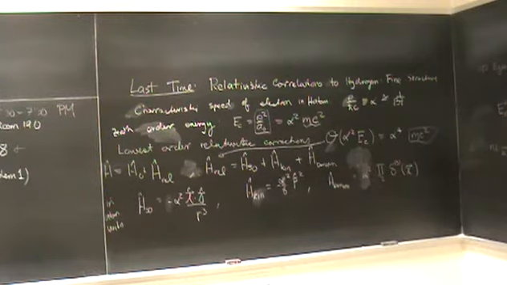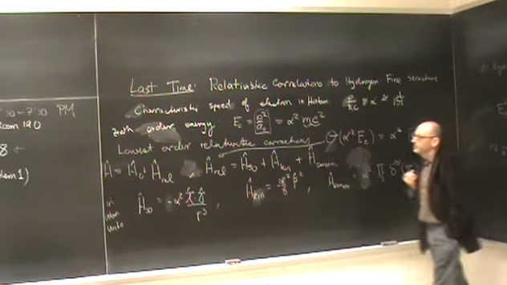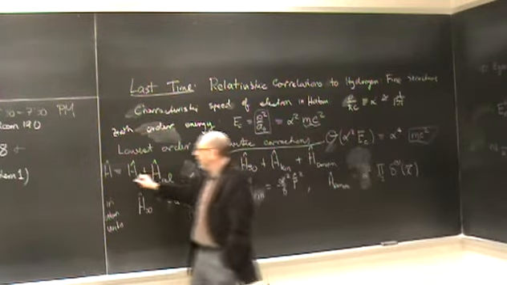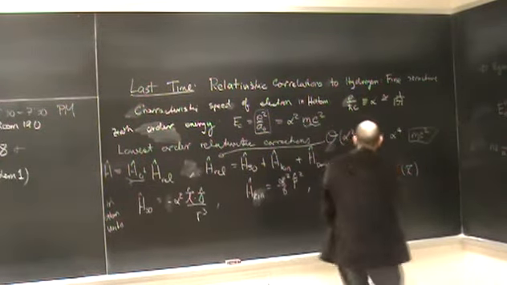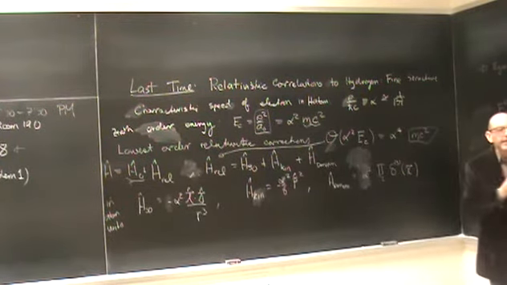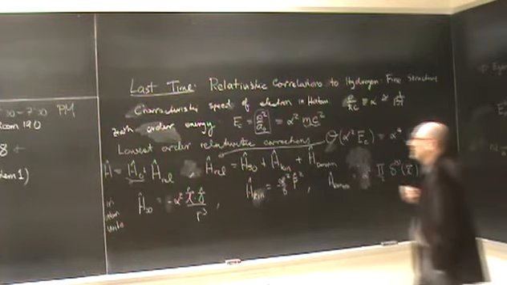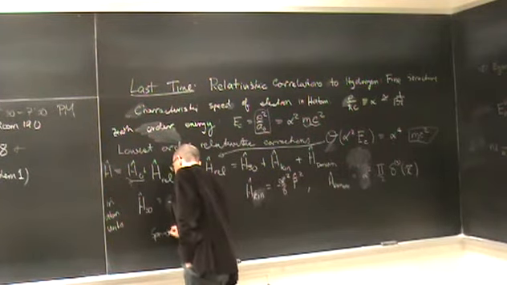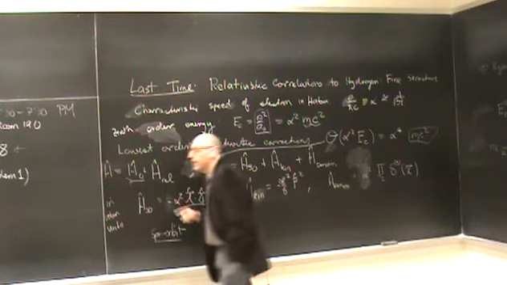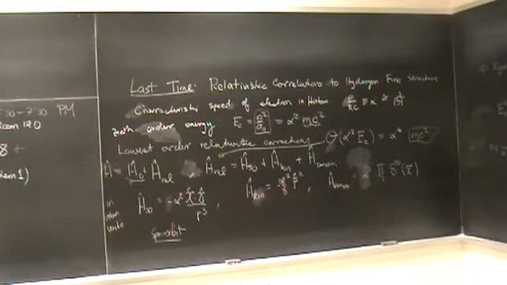So what one finds is that the corrections to the bare hydrogen atom, just the Coulomb interaction, that are of this order involve these three terms. There is one term which is the spin-orbit interaction. And the spin-orbit interaction we understood as a magnetic effect.